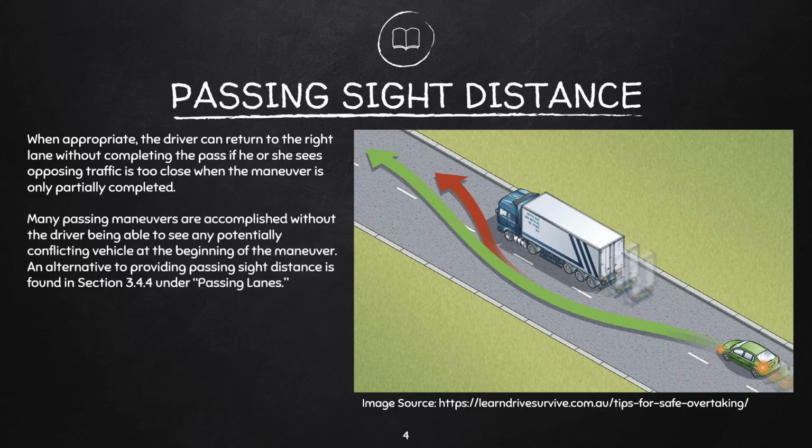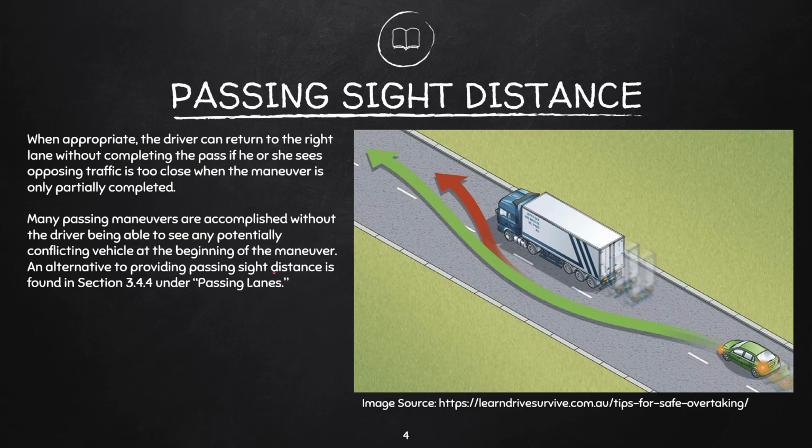Many passing maneuvers are accomplished without the driver being able to see any potentially conflicting vehicle at the beginning of the maneuver. Of course, there are instances where there are no opposing vehicles, making it possible for the driver of the passing vehicle to accomplish the maneuver easily.